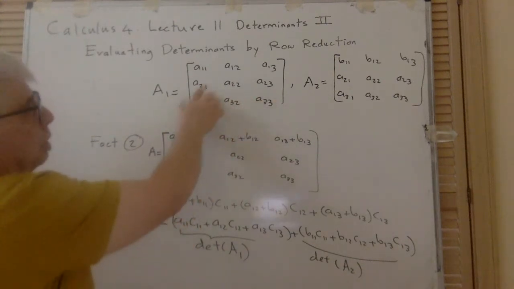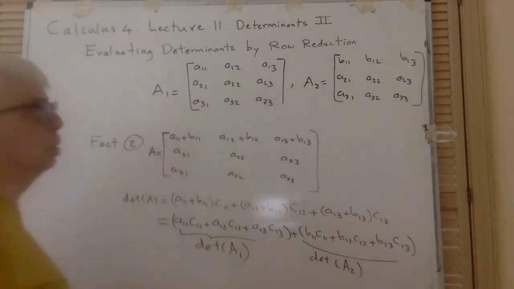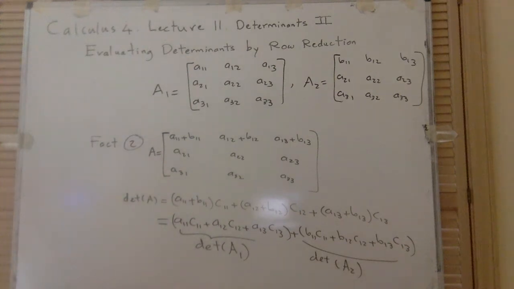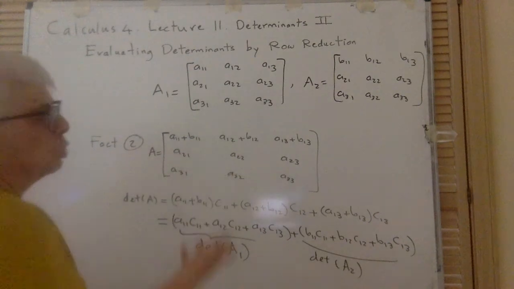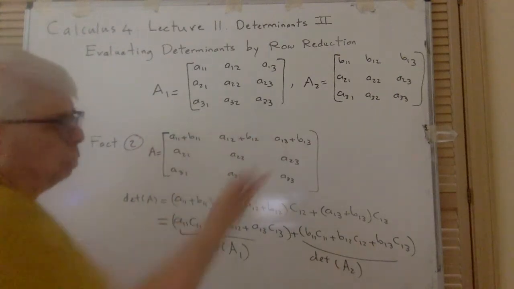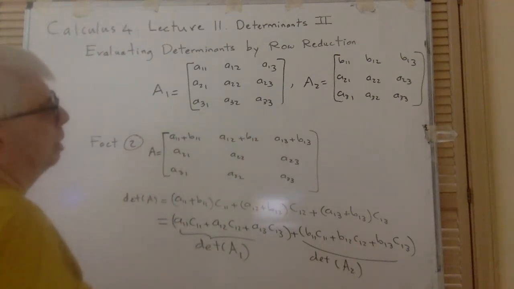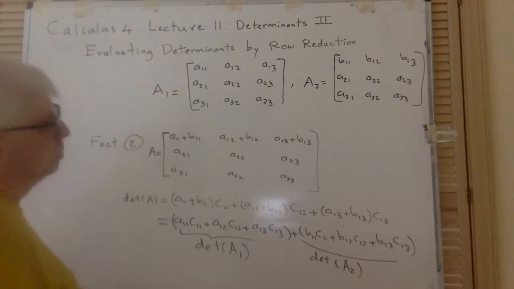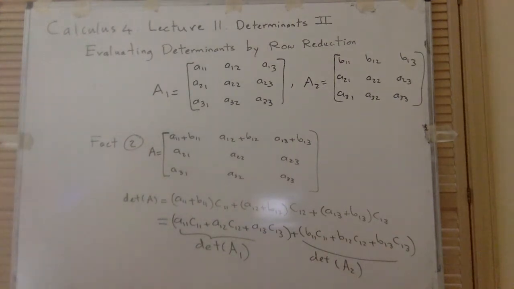These are added. All of them are added, not just the first row. But if I can decompose one row into numbers like this, then I can find the determinant by finding the determinant of each one and adding them. So this is fact 2. Facts 1 and 2 are easy to prove even in the most general form.